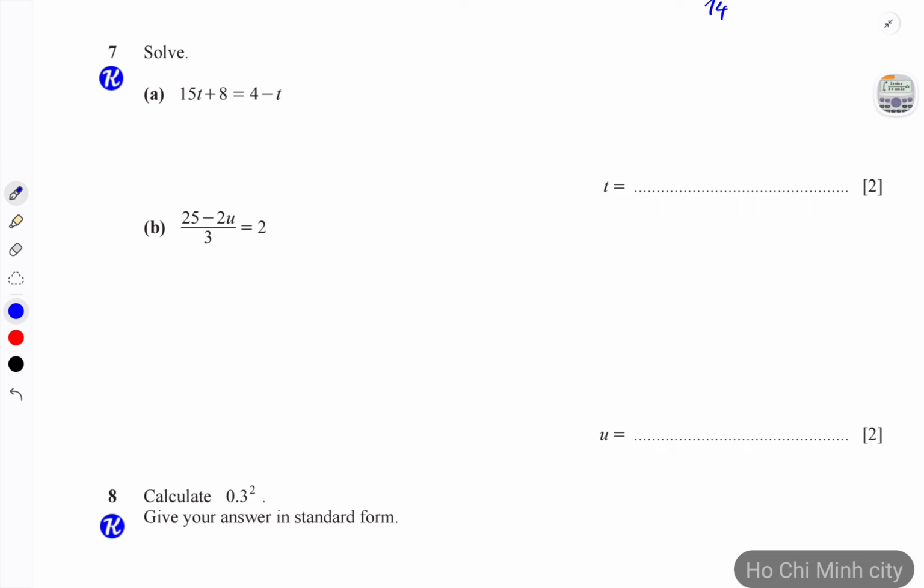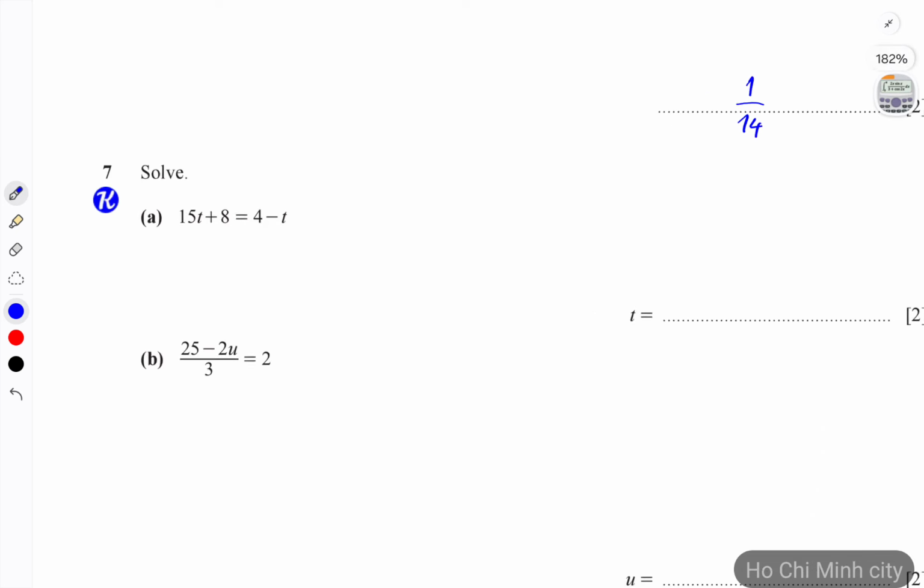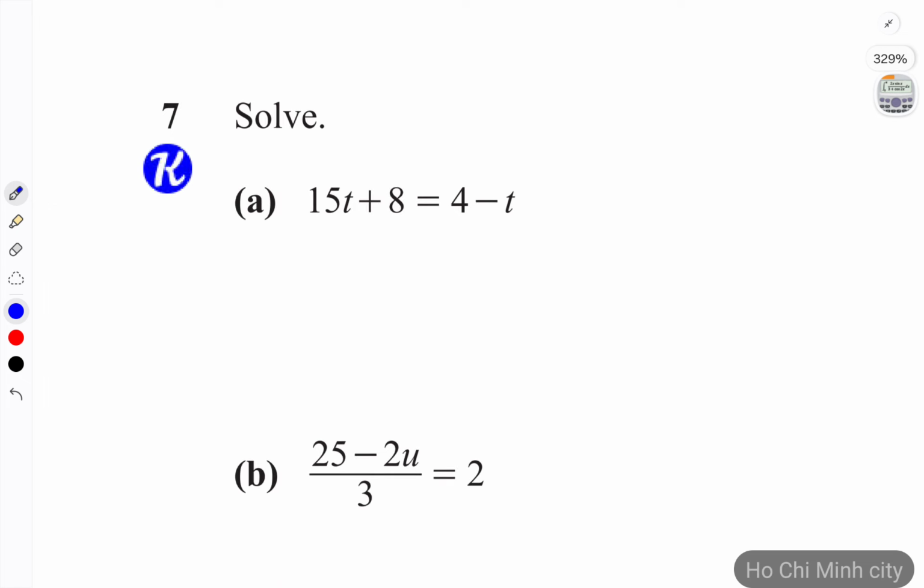Question 7, solve this equation. All right, so it's time to add t to both sides, so that in that way we can eliminate the t here. So 16t, and then we will subtract both sides by number 8.